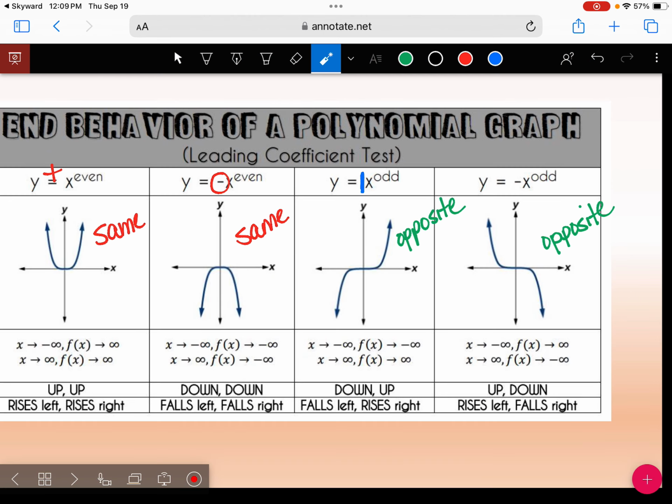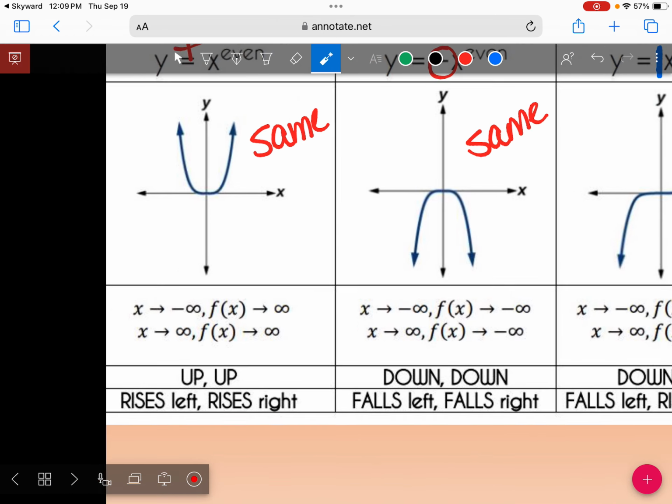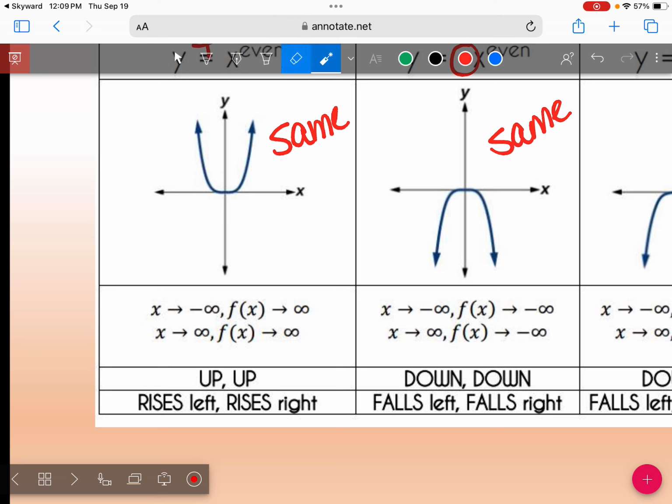When you look at this notation at the bottom, because this is how you're going to write your end behavior statements, when it says x approaches negative infinity, what side of the y-axis is your x value negative? On the left. So this is asking you for the left arrow.